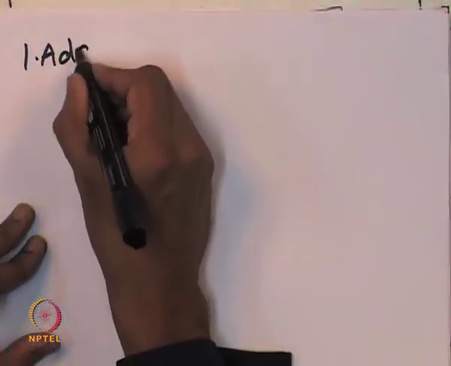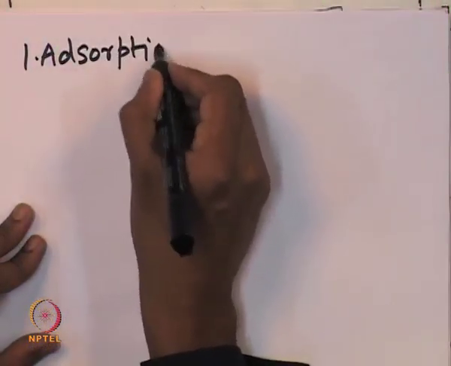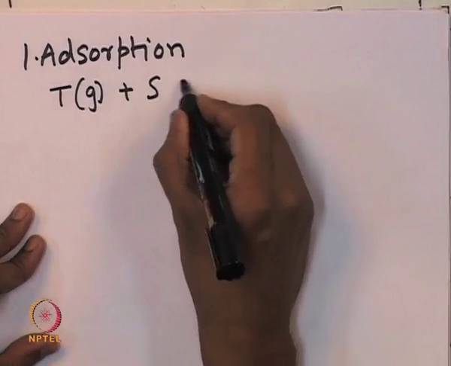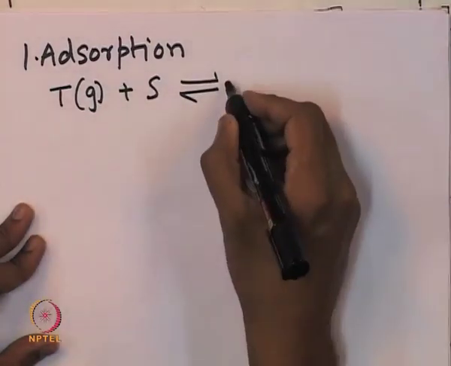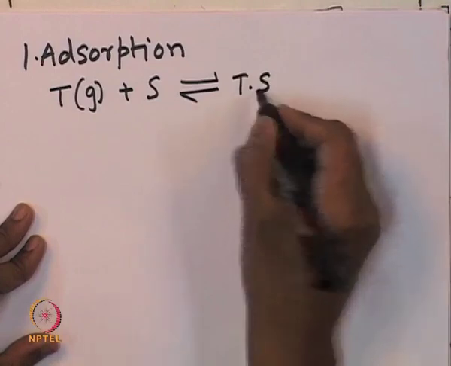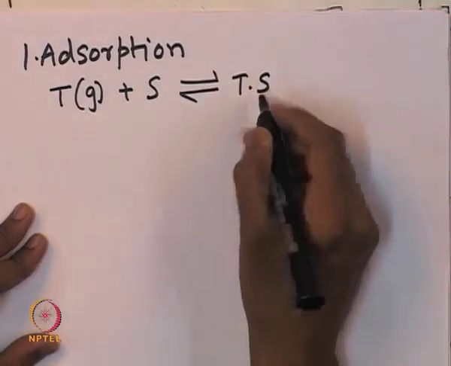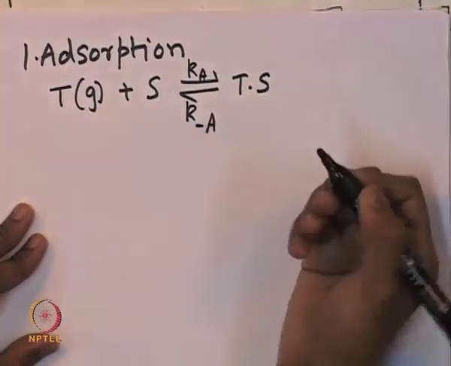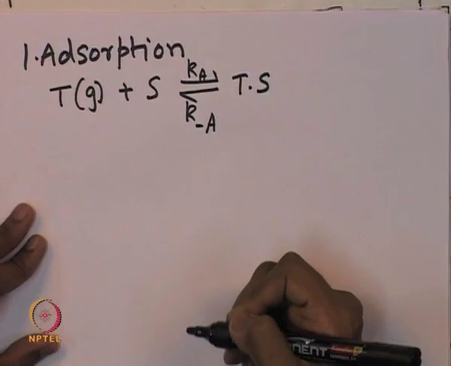Let us go a little bit deeper into the adsorption process. Toluene in the gas phase gets adsorbed onto the vacant site S on the catalyst, leading to Ts, the site which is adsorbed with toluene, and Ka and K minus A are the corresponding specific constants. As toluene adsorbs to the catalyst site and the adsorbed species reacts with hydrogen in the gas phase, we assume a single site mechanism.